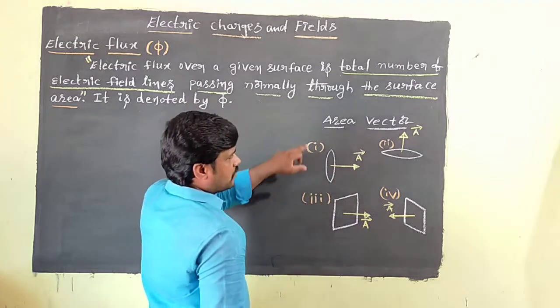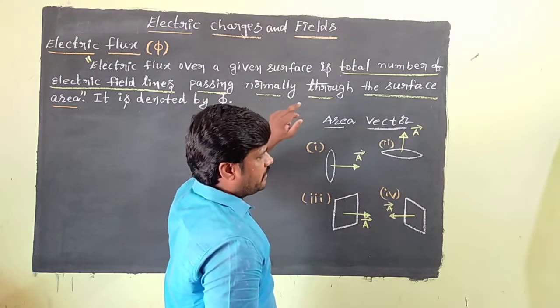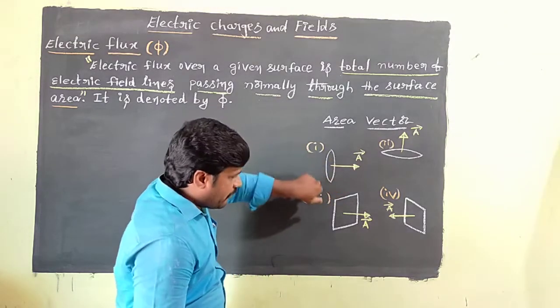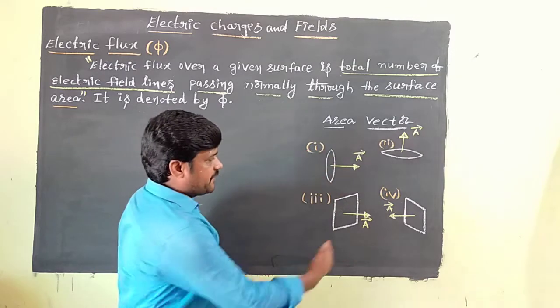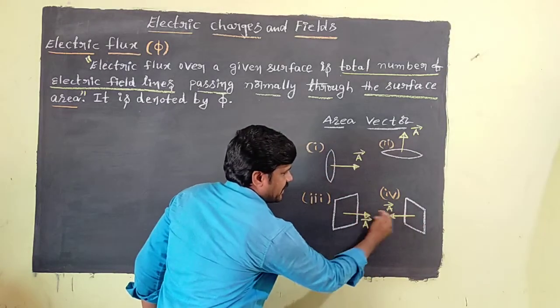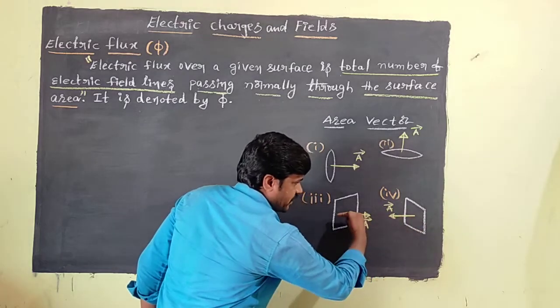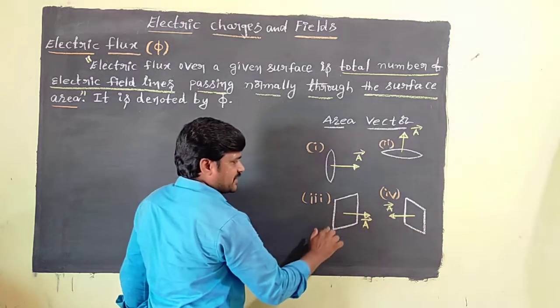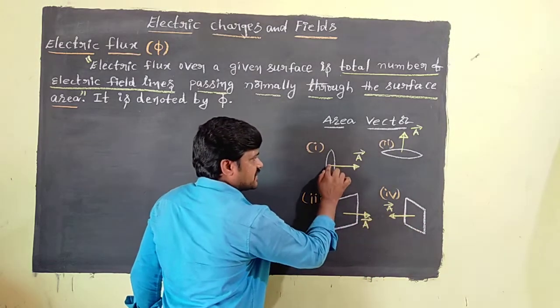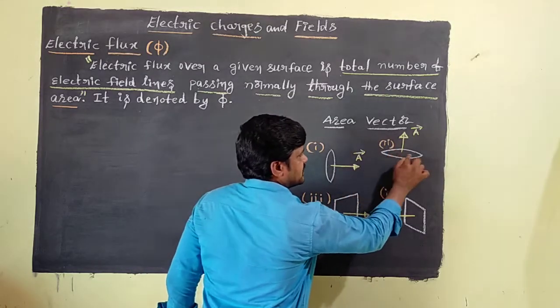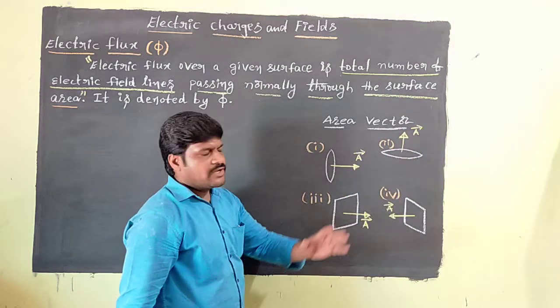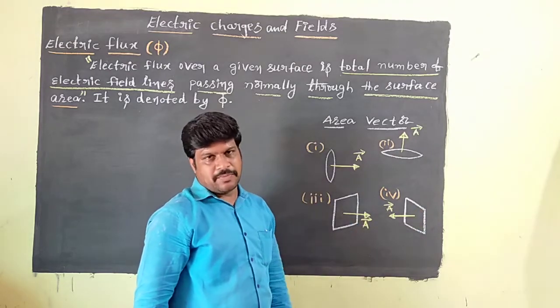Now, the vector area is a vector quantity for whatever the surface. For this surface, the area vector is perpendicular to the surface, in this direction. For this surface, in this direction; for this surface, in this direction; for this surface, the upward direction. Of course, you may take it as downward also, no problem.